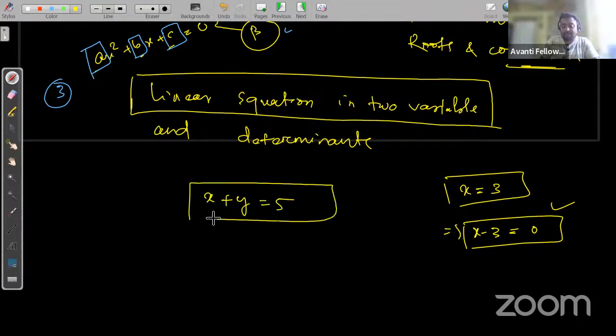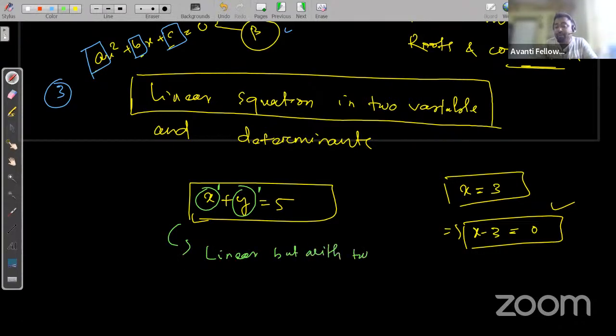This is a linear equation with two variables. What are variables? Unknowns. So these are the two variables x and y we have taken, and the degree of these two variables is 1. That's why we are calling it linear, but with two variables.